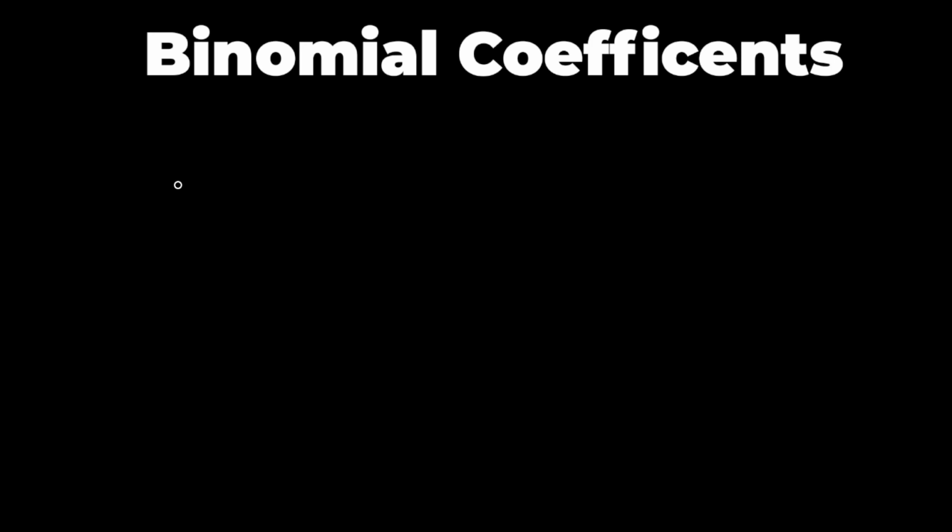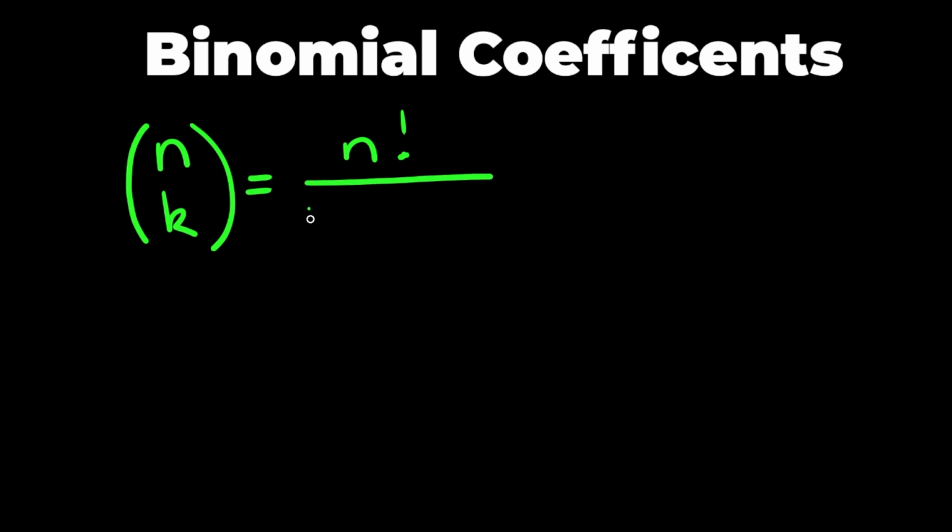So let's talk about how the equation works. You've probably seen this before. (n choose k) is equal to n factorial over k factorial times (n minus k) factorial. Now, this is the standard equation that you see all the time, but we're just going to talk about why it works.